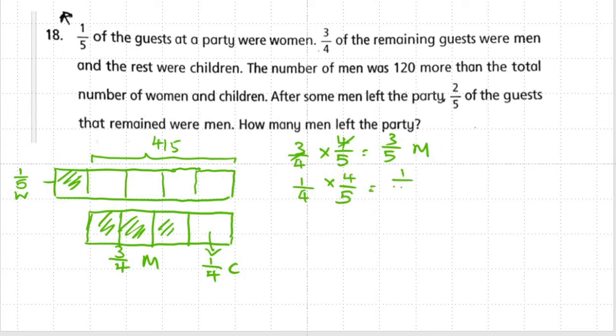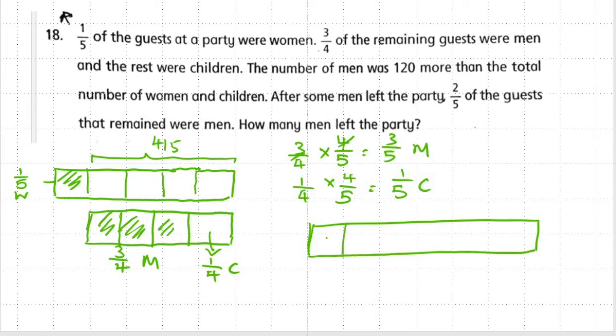So it's actually 1/5 are children. So I need to draw another. When I draw another, I can easily combine them all together. So this one unit is women, this one unit is children, and this 3 units will be men.